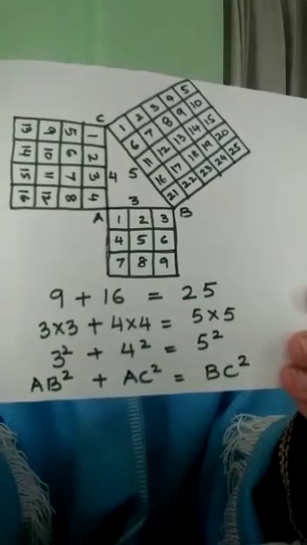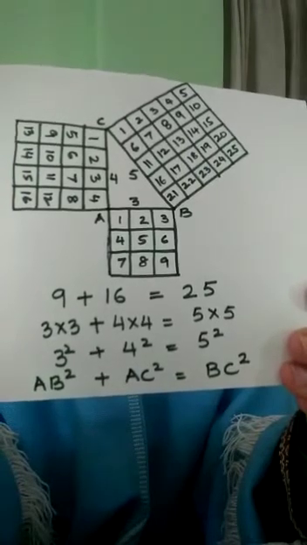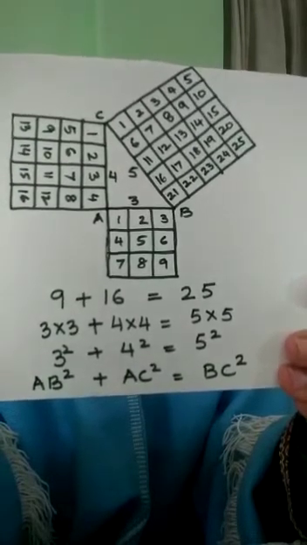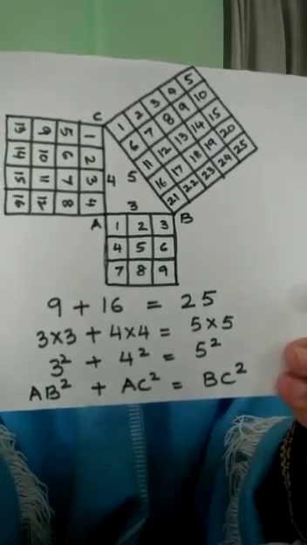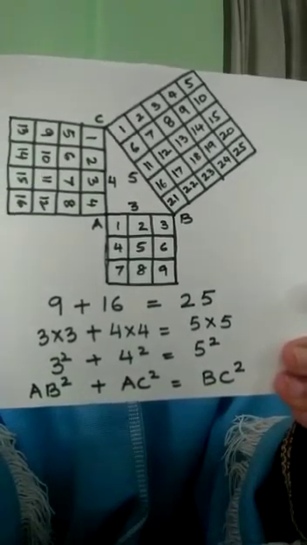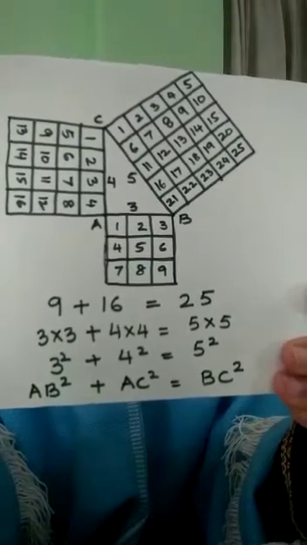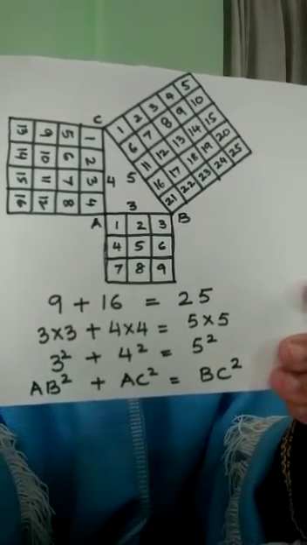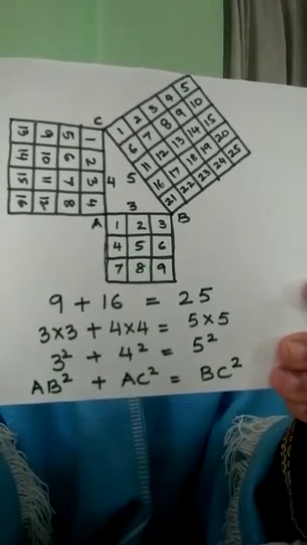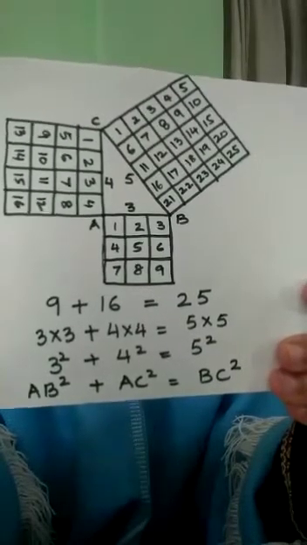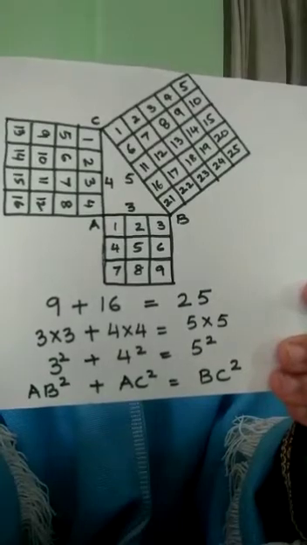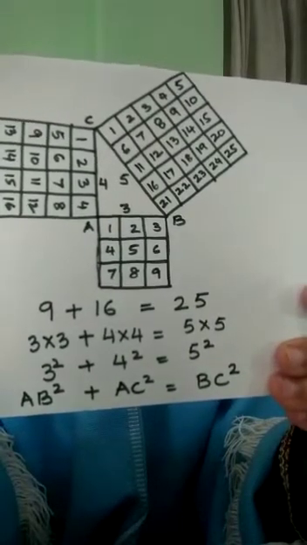Oh, but 3, 4 and 5 are the sides of the right angle triangle. 3 centimeters is AB, so AB square plus AC square is equal to BC square. And AC is equal to 4 centimeters and BC is equal to 5 centimeters.